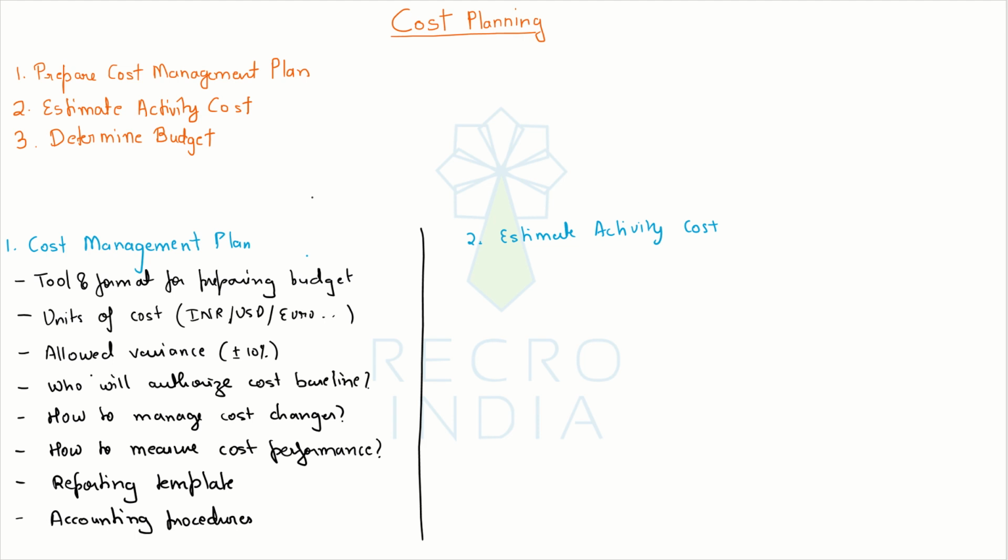So we will need to use estimation techniques like analogous, which was copying and pasting, or parametric, per unit estimation, or bottom up, where you go from sub activity level to the activities and then to work packages, control accounts, and WBS, a top level, or three point.